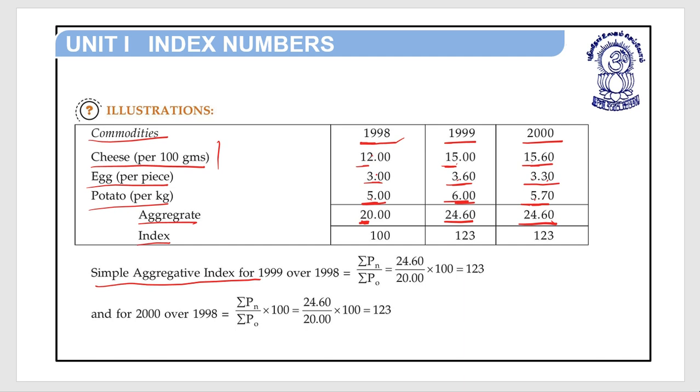Simple aggregative index for 1999 over 1998 is equal to sum of Pn upon sum of P0. Here 24.60 divided by the aggregate 20 into 100.